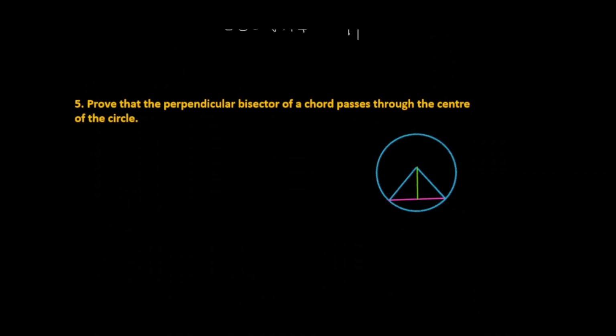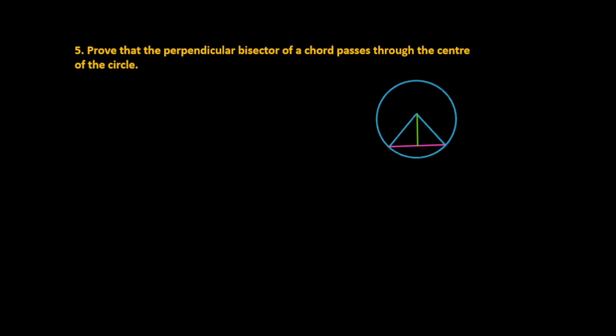Next question, the fifth question. Prove that the perpendicular bisector of a chord passes through the center of the circle. Let's take the center O and OC. For the chord AB, take OC as the bisector.